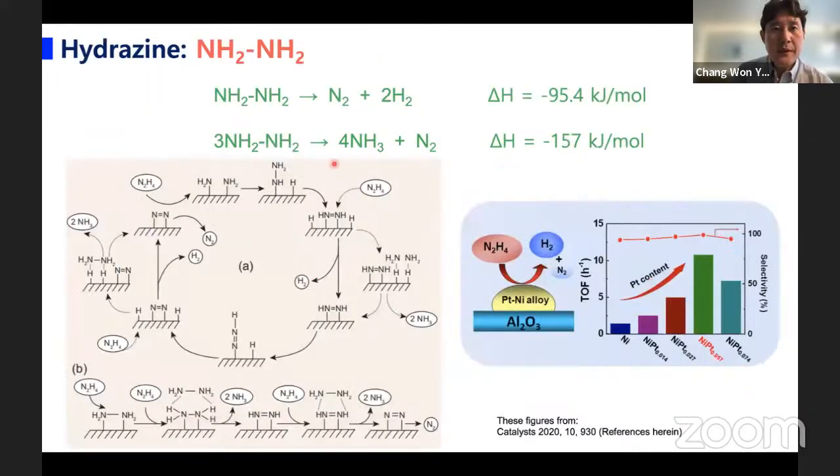And another inorganic hydrogen carrier is ammonia. Upon decomposing ammonia, it produces nitrogen and hydrogen, so we can use this hydrogen.